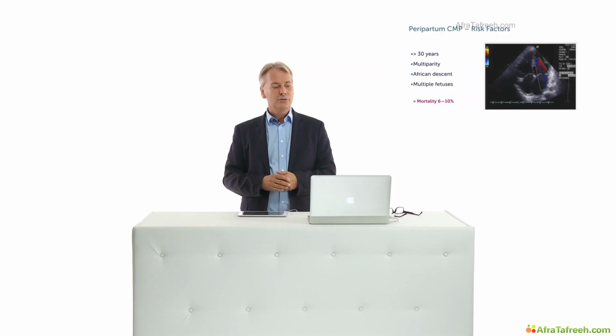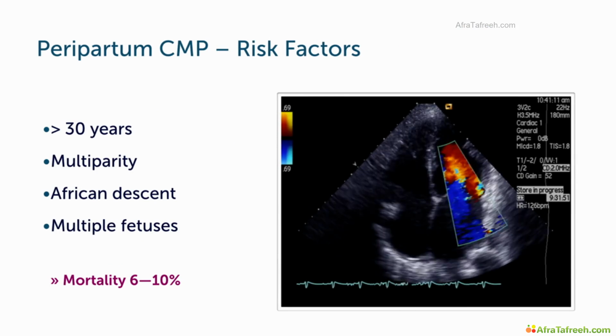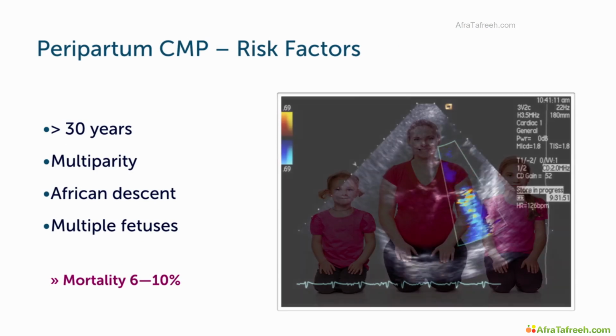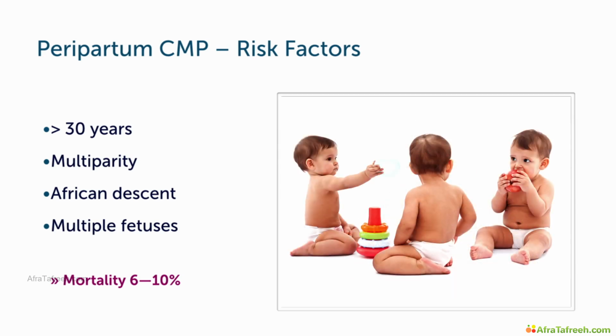But coming back to the risk factors, usually it's patients who are older than 30 years, multiparity, African descent, and multiple fetuses are the risk factors. And the mortality is somewhere in the range of 6 to 10%.